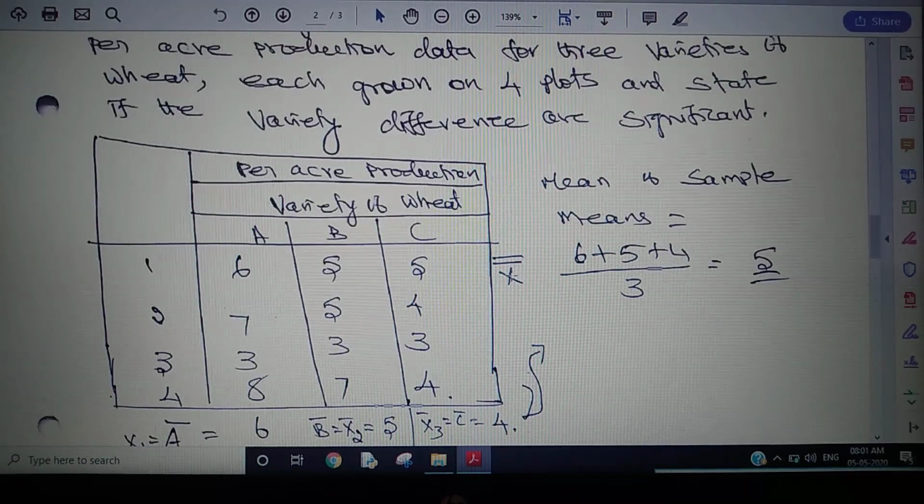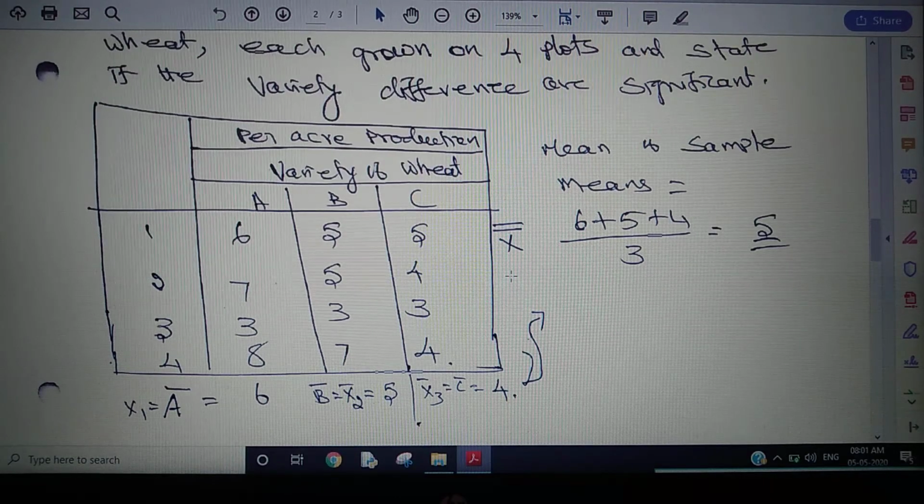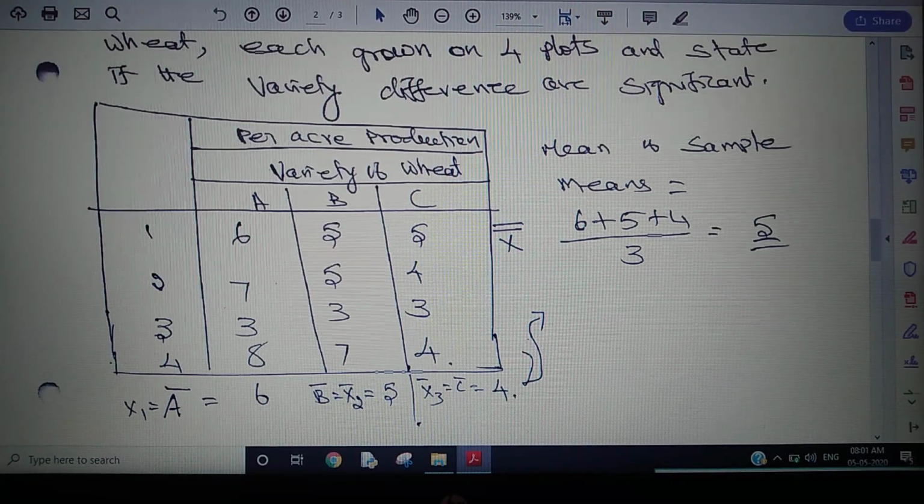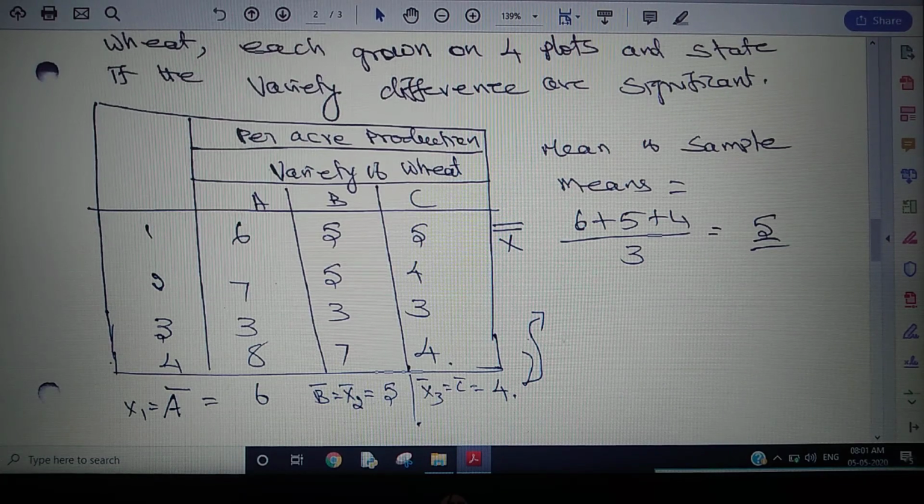So, a simple example. Here there are varieties of wheat: type A, type B, type C. It is cultivated in plot 1, plot 2, plot 3, plot 4. Variety A is one sample, variety B is another sample, variety C is another sample.